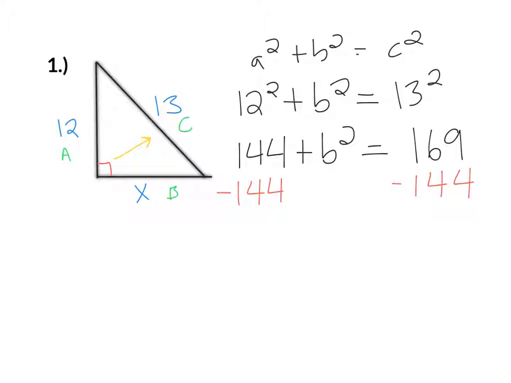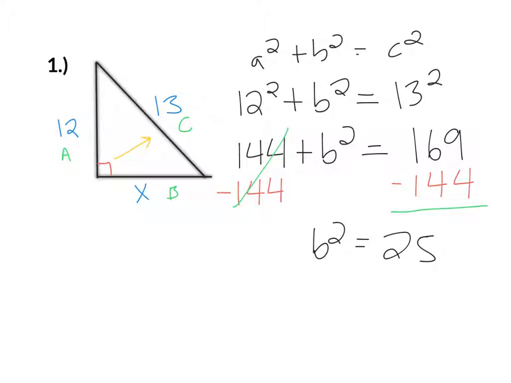So once again, taking the opposite of 144, which is negative 144, and putting that on both sides of the equation, these cancel out, and I'm left with 169 minus 144, which is 25. And I know that b squared now equals 25.